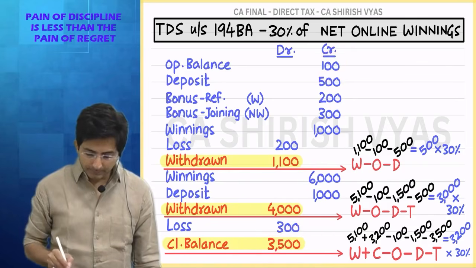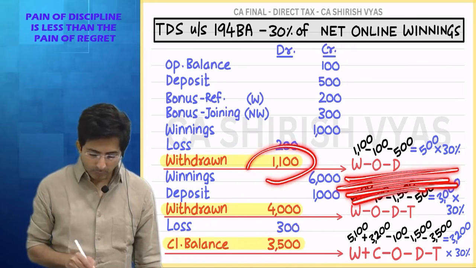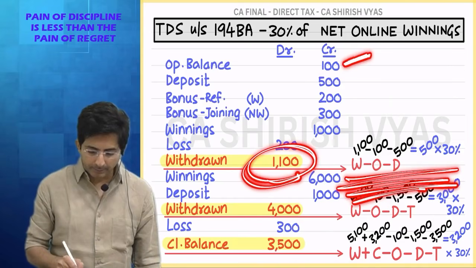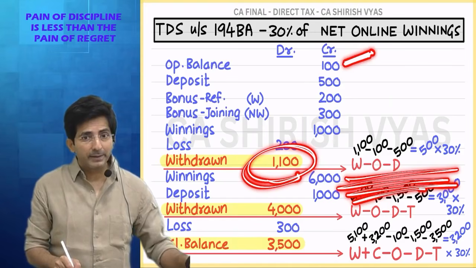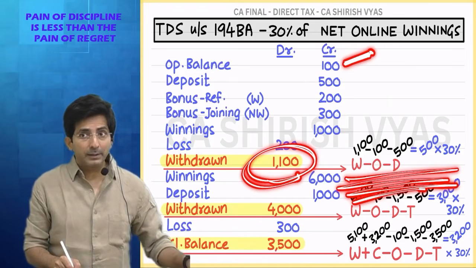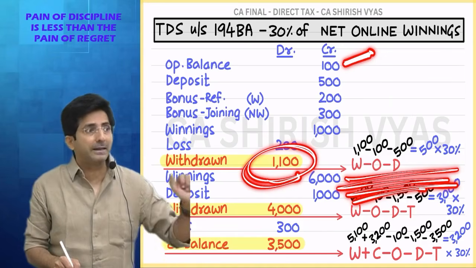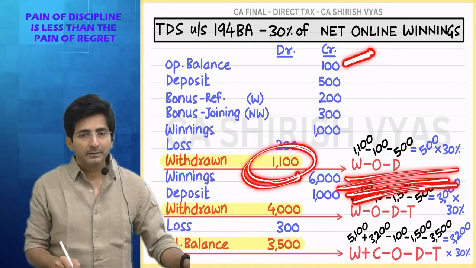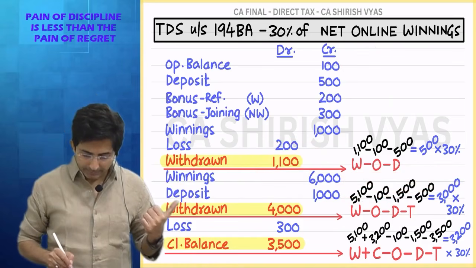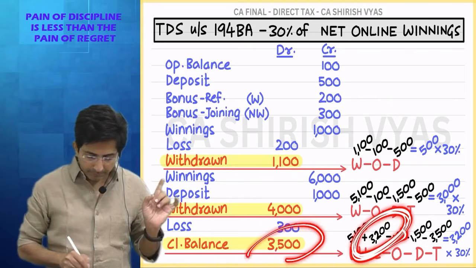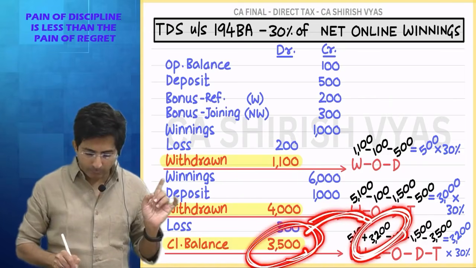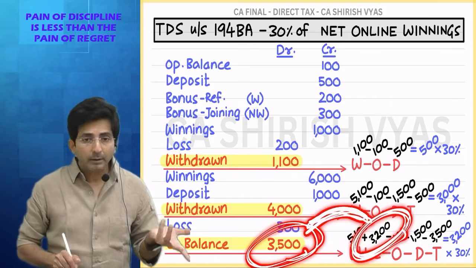See, tell me, in this example, what did I do? From 1100, I subtracted 100. Why? Because last year TDS has already been deducted. But last year also TDS was deducted only on withdrawable balance. Just as in my closing balance, did I take the entire closing balance or withdrawable?